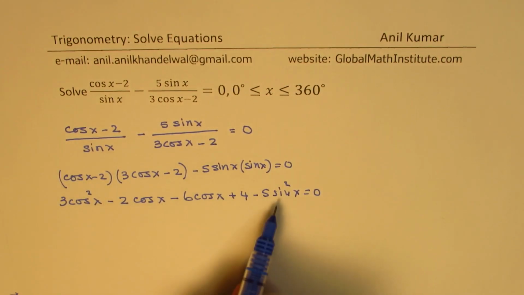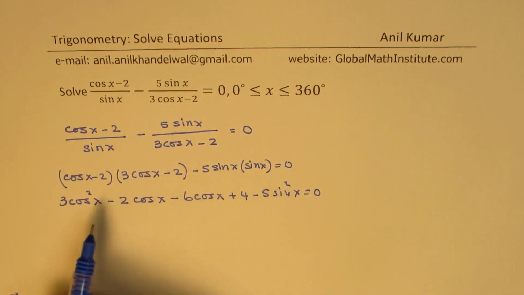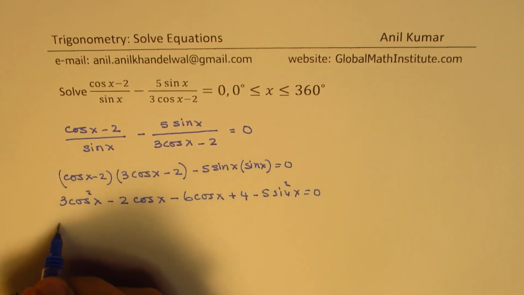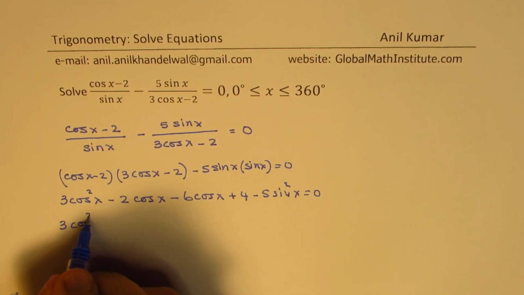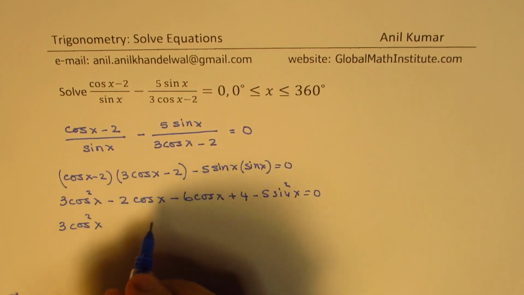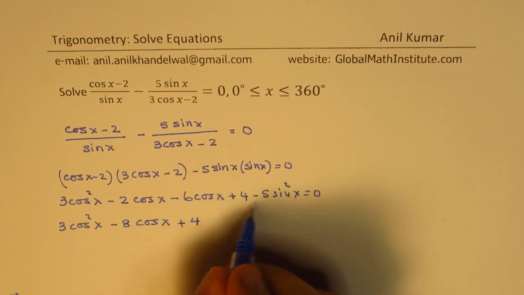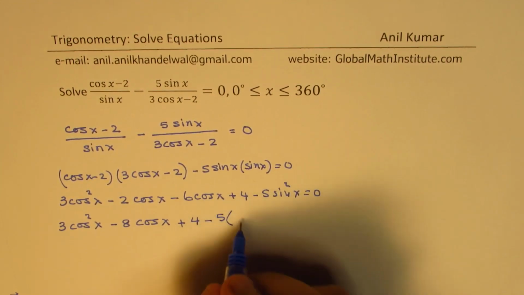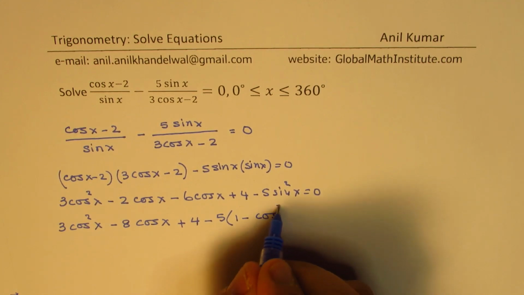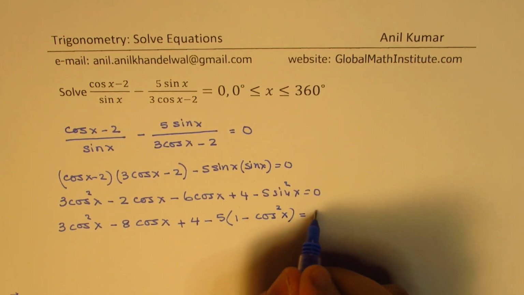Let us convert sin square x into cosine terms: 1 minus cos square x. We'll simplify these two. So we get 3 cos square x minus 6 and minus 2 is minus 8 cos x plus 4, and here we have 5 times (1 minus cos square x) equals 0.